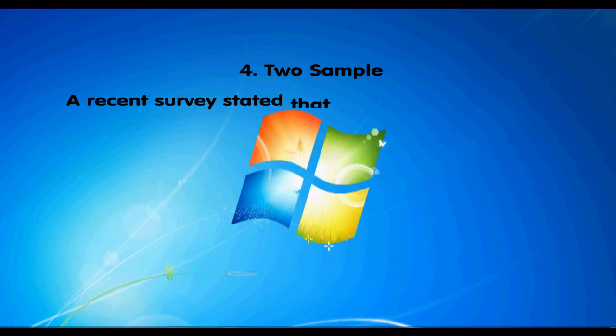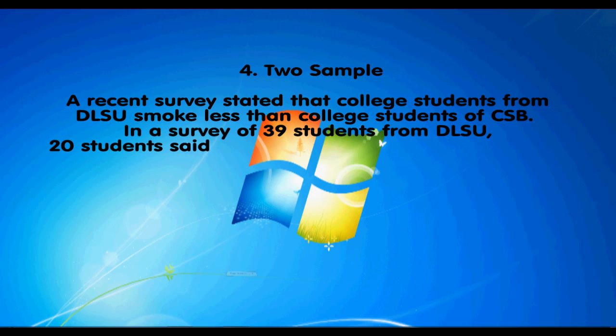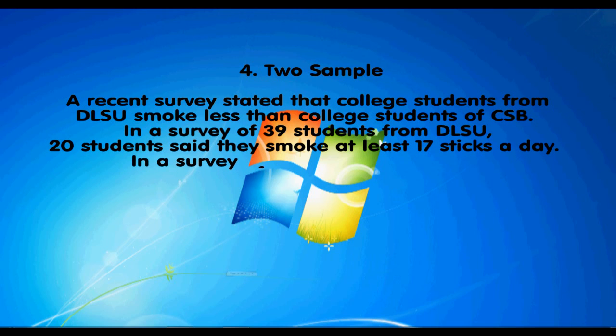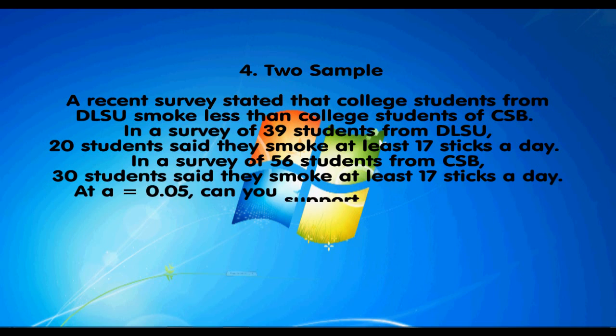So for the last question, which is a two-sample test question: a recent survey stated that college students from DLSU smoke less than college students of CSB. In a survey of 39 students from DLSU, 20 students said they smoke at least 17 sticks a day. In a survey of 56 students from CSB, 30 students say they smoke at least 17 sticks a day.